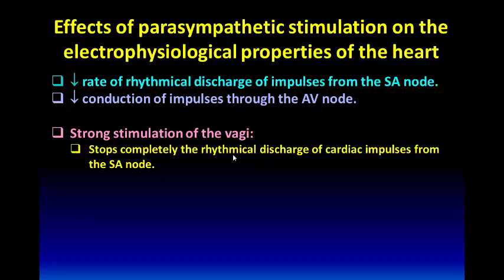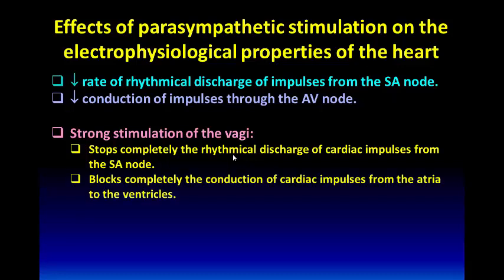So the sinoatrial node will not generate cardiac impulses if the vagi are very strongly stimulated. Not only this, with strong vagal stimulation, we also have complete blockage of the conduction of the cardiac impulses from the atria to the ventricles.